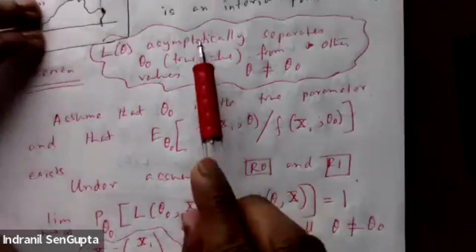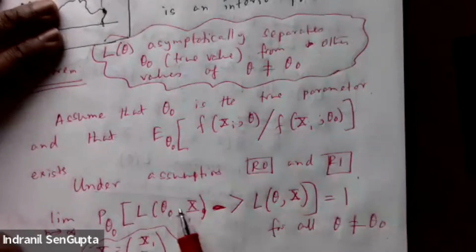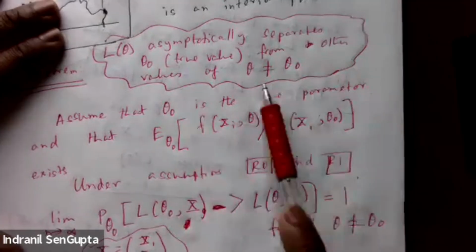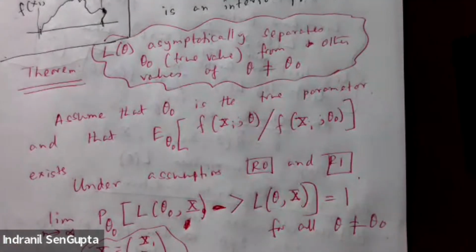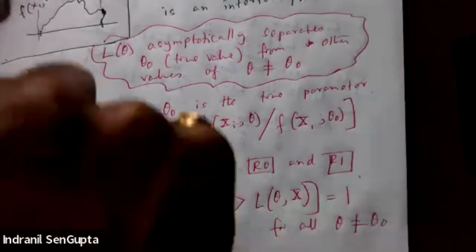That's why this is written here: L theta asymptotically separates theta 0 from other values of theta. So eventually this log likelihood function wins over all others. Let's prove it because it's not really hard, and it'll give you a nice exercise on how to prove this kind of thing.